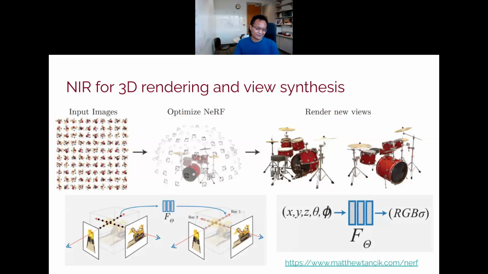The basic idea of neural implicit representation here is that you characterize your object as a continuous function.